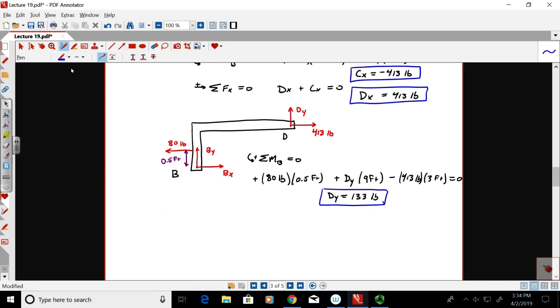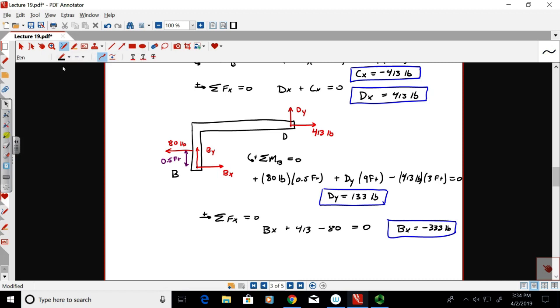Sum of the forces in the x direction, looking at this bent part right here, equals 0. What do I got? bx plus 413 minus 80 equals 0, right? Those are all the x direction forces. So I can solve for bx. Turns out it's minus 333 pounds, which just means I had it in the wrong direction. No big deal.